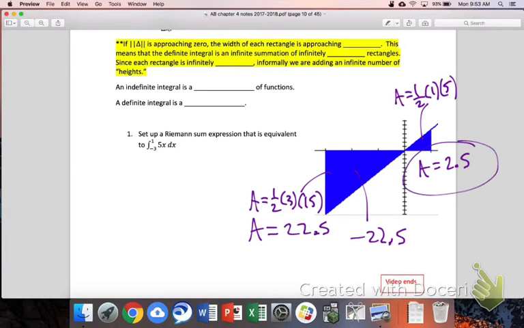This would integrate to be a positive 2.5 because it's above the x-axis. So when we finally accumulate all of this, we would say this integral equals negative 22.5 plus 2.5, which of course is negative 20. Okay. Say again? So that's a whole lot easier.